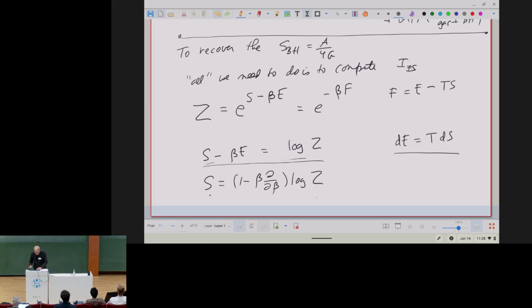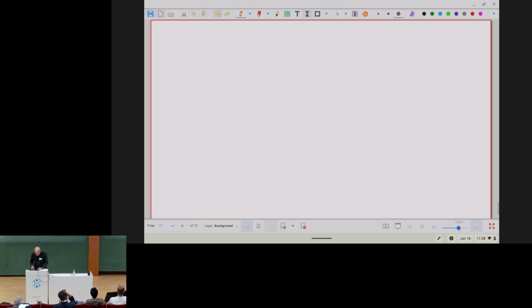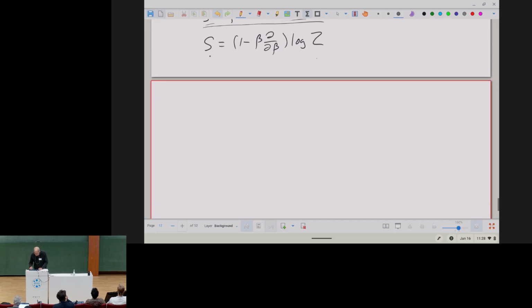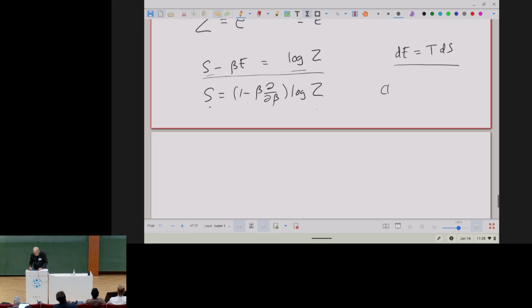And in the classical limit, in other words, we're going to try to calculate S to order 1 over g. That's what I mean by the classical limit. For the leading term, Z is approximately the exponential of minus the action.